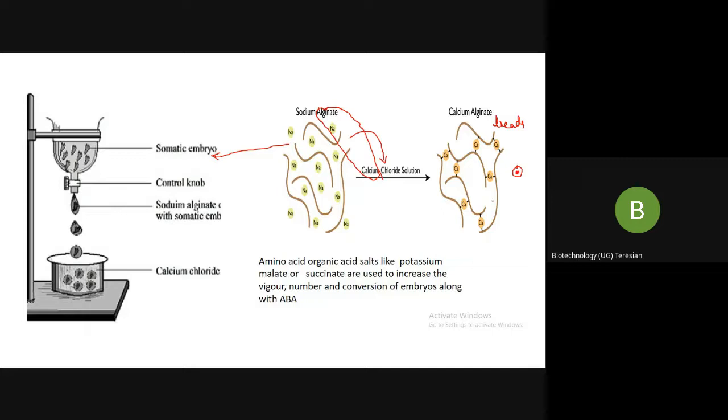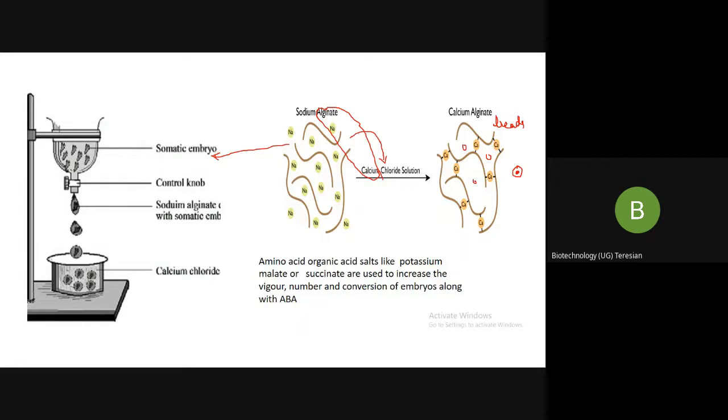Look at this structure. You can see that cross-links are formed with the help of the calcium, and when these cross-links are formed, all your embryos get encapsulated because of the matrix that is formed.